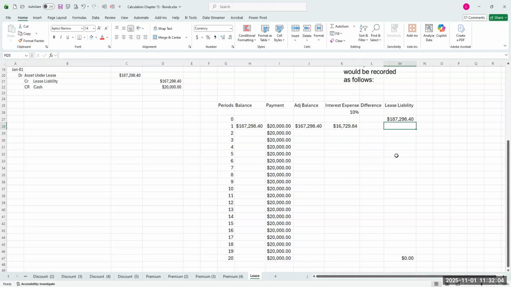And then my new lease liability is going to be equal to the adjusted balance plus, no, I still need the difference, plus the difference. But this difference is going to come from the payment minus the interest expense.